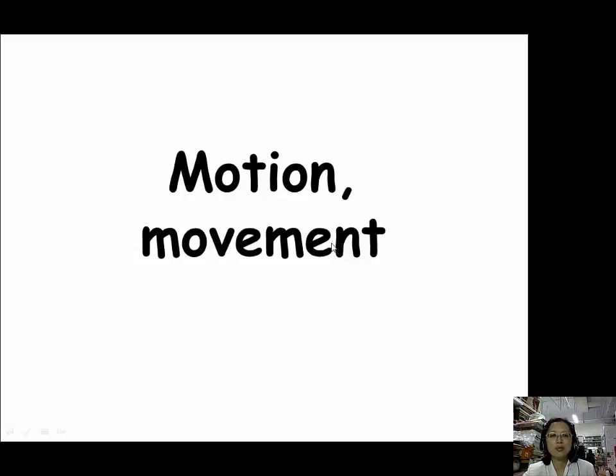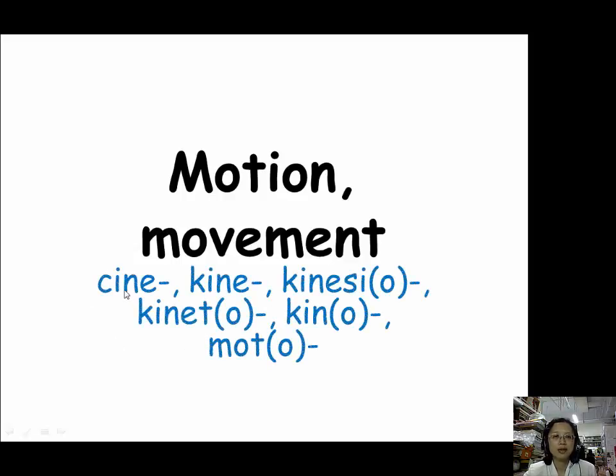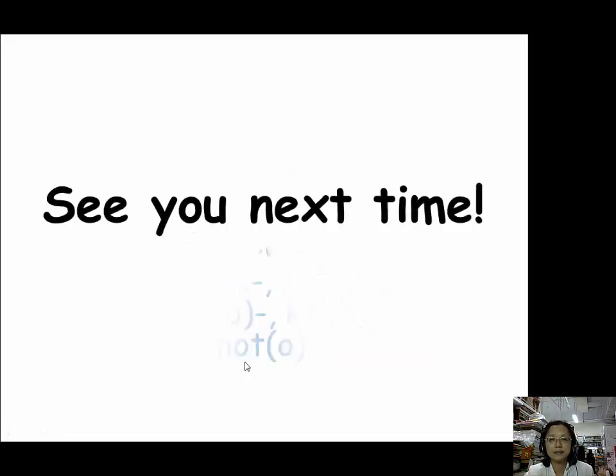And for motion or movement, we have 6 prefixes, C-I-N-E, K-I-N-E, K-I-N-E-S-I-O, kinesio, kineto, K-I-N-E-T-O, kino, K-I-N-O, or moto, M-O-T-O to use. Now we finished the first part of lesson 25.